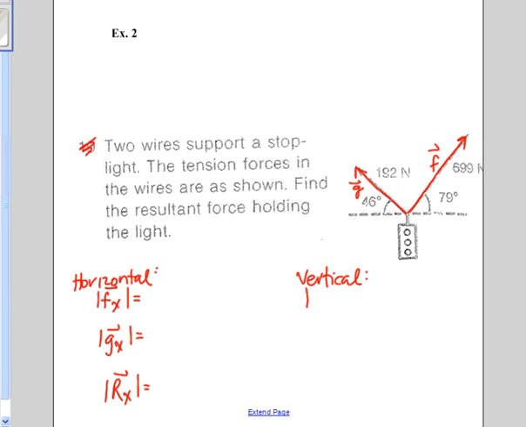I want the vertical component for f and the vertical component for g, which will both be upwards, so we can add them, so that I can determine the resultant vertical component.